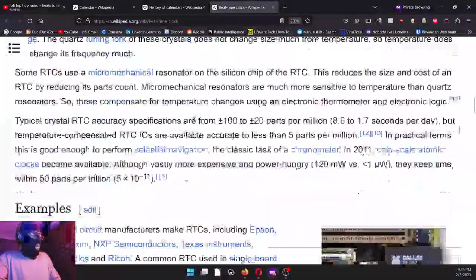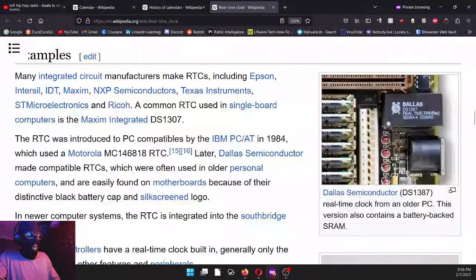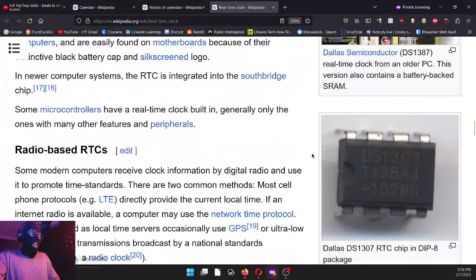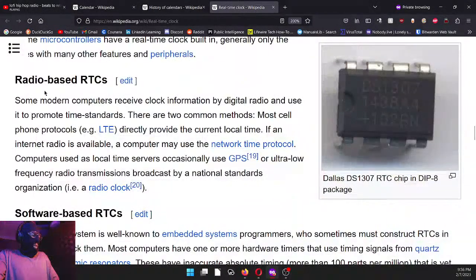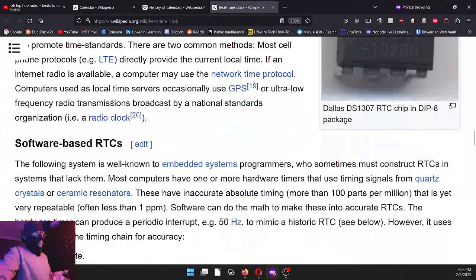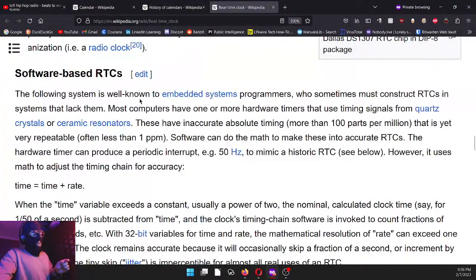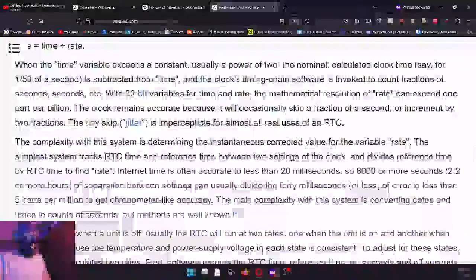Now you have the power source, the timing, and examples for the semiconductor circuit. They even have a clock picture, it's quite sweet. Radio-based RTCs, software-based RTCs. The following system is well known to embedded system programmers. Along with everything, it's just standardized.